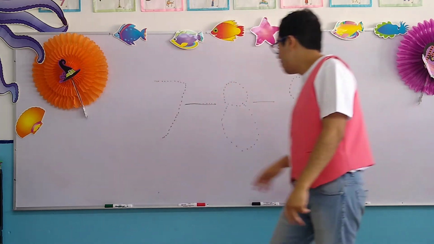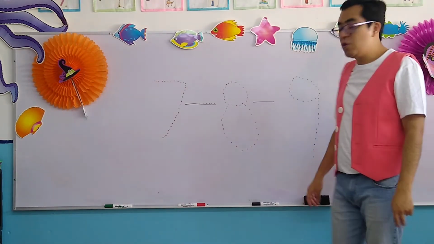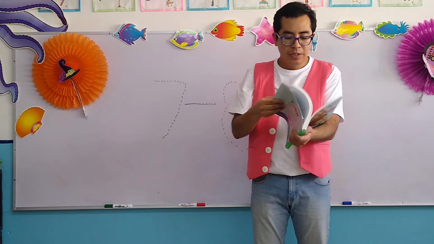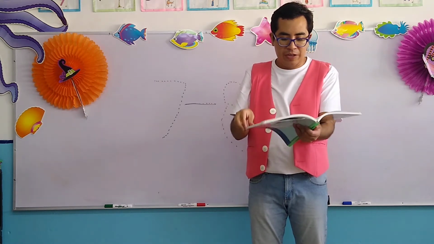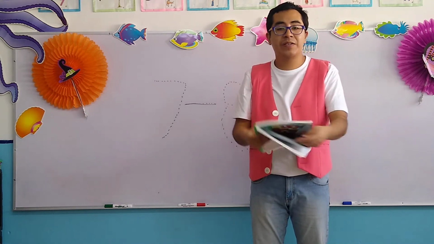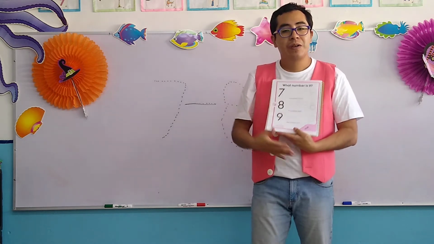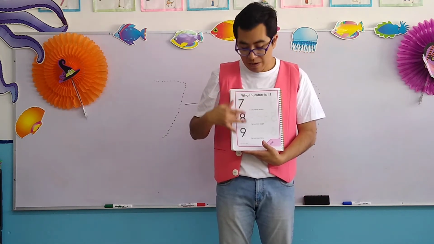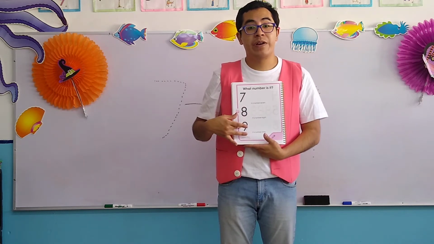So, the last numbers that appear on your textbook, I'm going to show you the page. The page is right here. The last 3 numbers of the activities are right here, which is number 7, number 8, and number 9, okay?